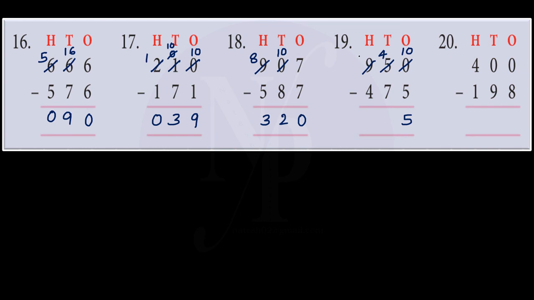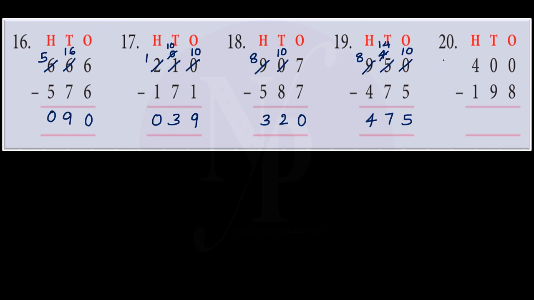We make this 900s as 800s. Now this becomes 14 tens. And subtracting 7 tens from 14 tens, you get 7 tens. On subtracting 400s from 800s, you get 400s. So 475 is the difference of 950 and 475.